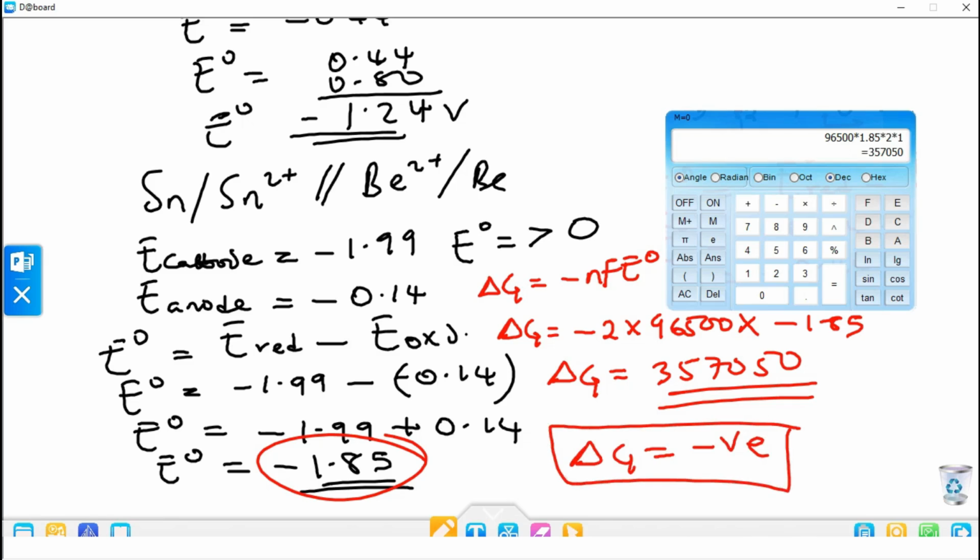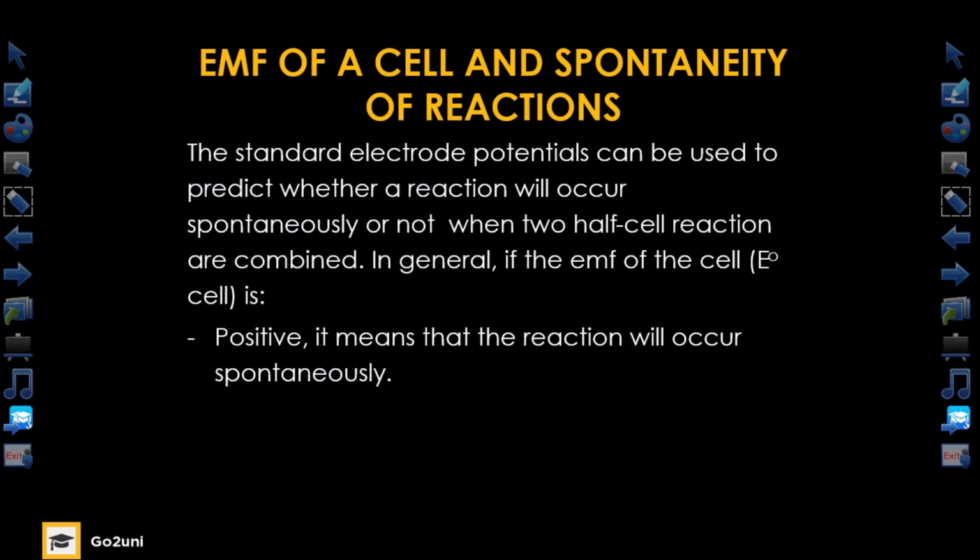So if delta G must be negative, then it means our E must be positive. But if our E is negative, then it's going to multiply with the other negative, and that makes our delta G positive, which means the reaction isn't going to be spontaneous. So this is actually how we know the spontaneity of a given reaction.